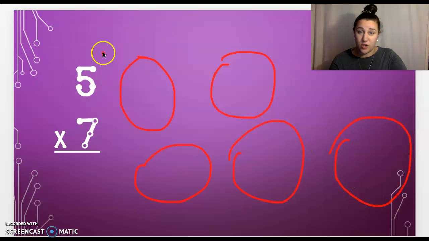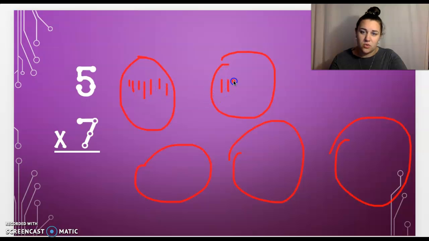My 5 groups, because 5 is the first number. How many should I put in each group? 7. Awesome job. 1, 2, 3, 4, 5, 6, 7.